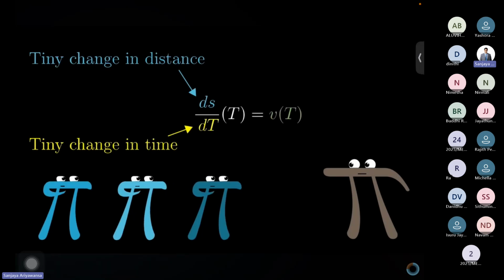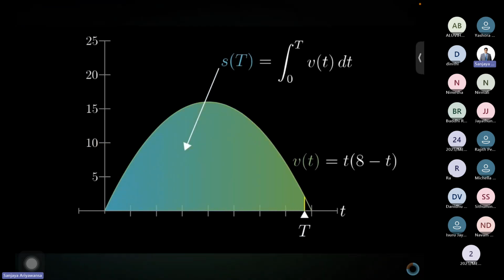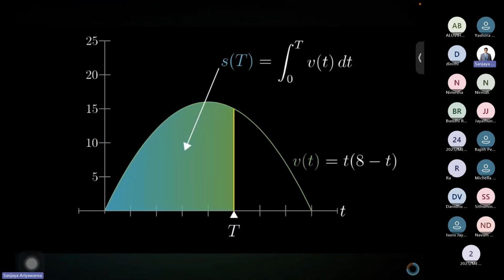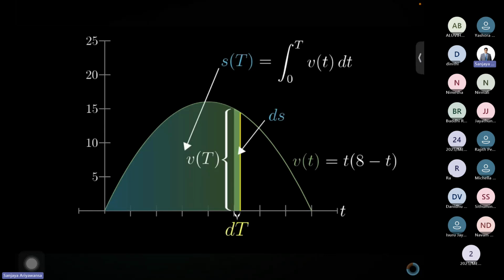But there's another way to see this, purely in terms of this graph and this area, which generalizes a lot better to other integral problems. A slight nudge of dt to the input causes that area to increase, some little ds represented by the area of this sliver. The height of that sliver is the height of the graph at that point, v of t, and its width is dt. And for small enough dt, we can basically consider that sliver to be a rectangle, so this little bit of added area, ds, is approximately equal to v of t times dt.